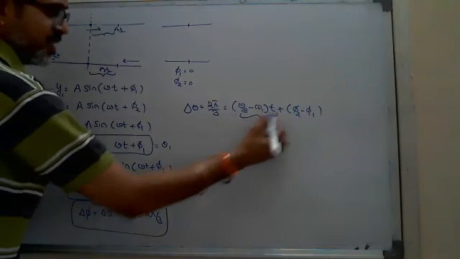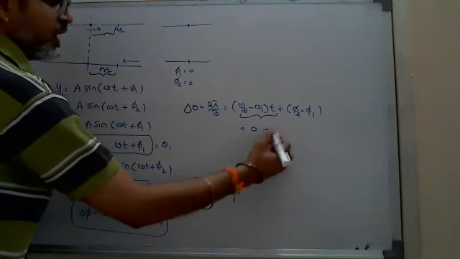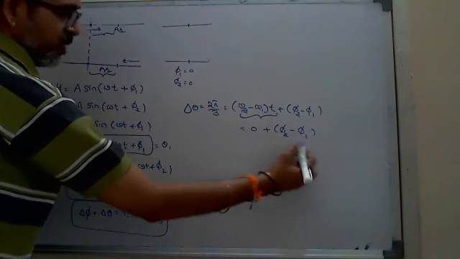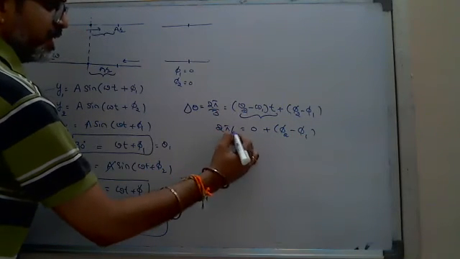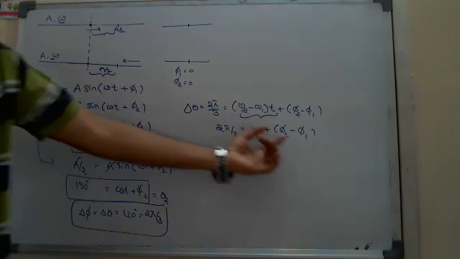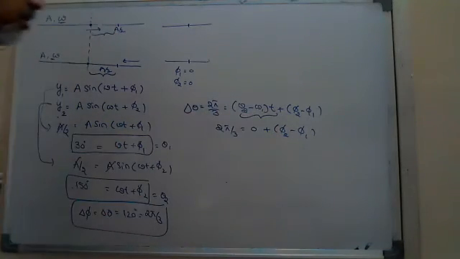Then look at here, this term straight away becomes 0. Then you agree that the initial phase difference between the two is 2 pi by 3, that is 120 degrees.